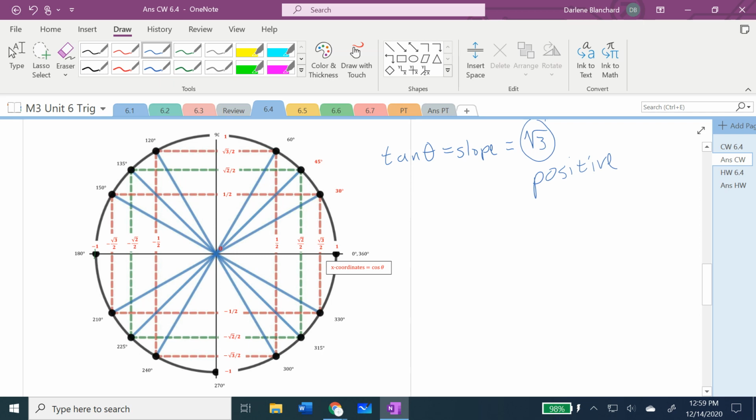The only positive slopes that the unit circle deals with are this slope of positive 1 and then 2 other positive slopes. The steeper positive slope is for a number larger than 1. The less steep positive slope is for the slope that is between 0 and 1. Root 3 is bigger than 1. That means 60 degrees and 240 degrees are the answers.